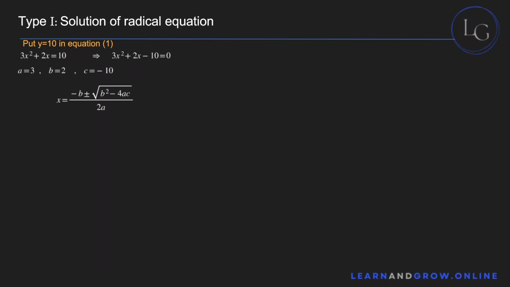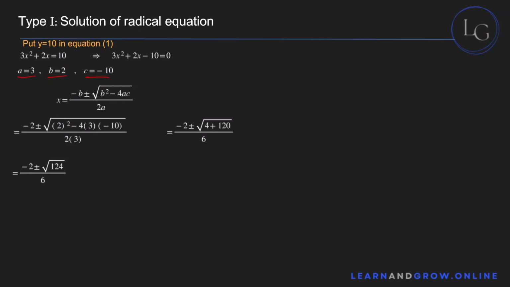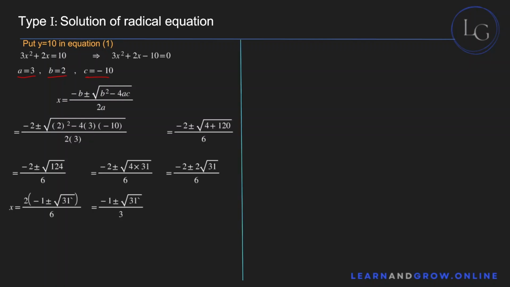We'll just use the quadratic equation here. Now, by plugging in the values of a, b, and c, which are these, you'll get, this is quite a lengthy solution, but you'll get basically two values here. One is minus 1 plus under root 31 over 3, and the other is minus 1 minus under root 31 over 3. So these are two values.